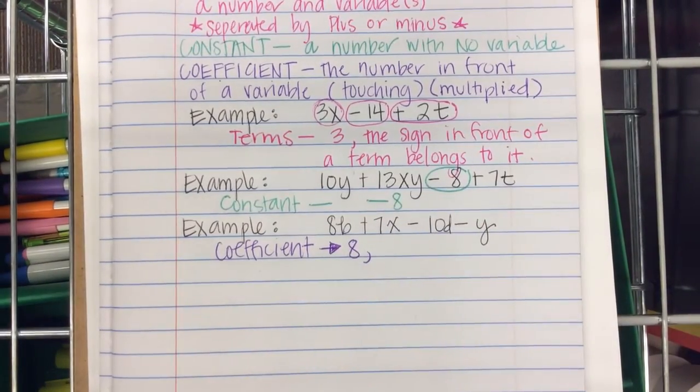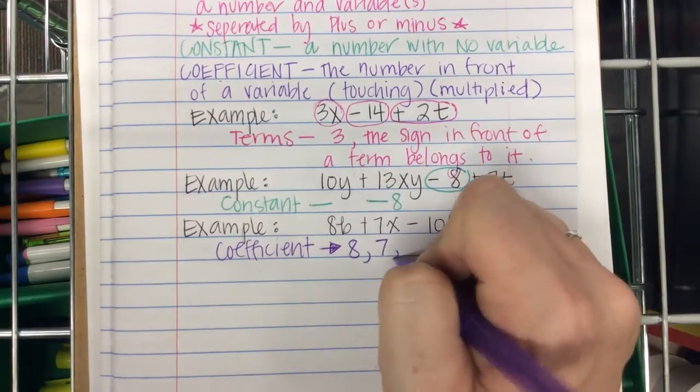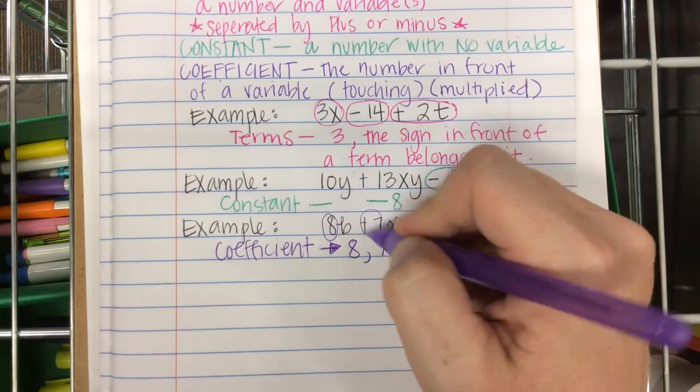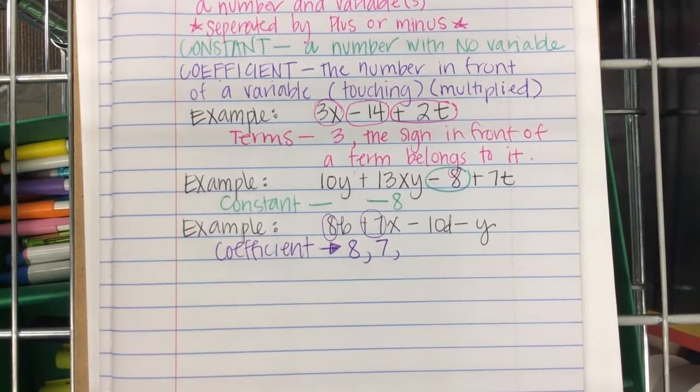What's the next coefficient? After 8 is what, Sam? 7. What's the next coefficient? Maddox? Not 10.